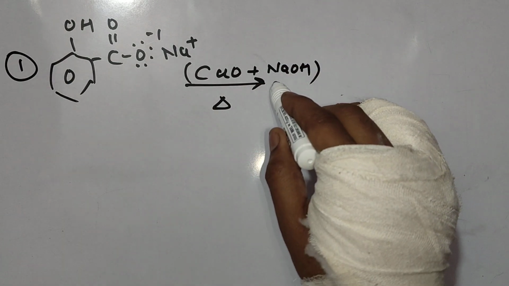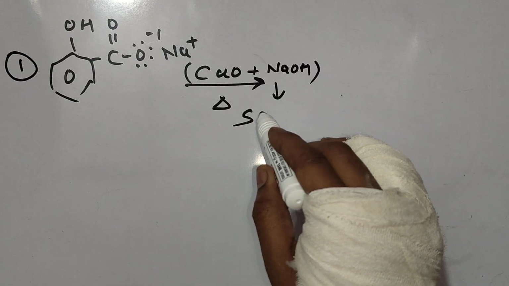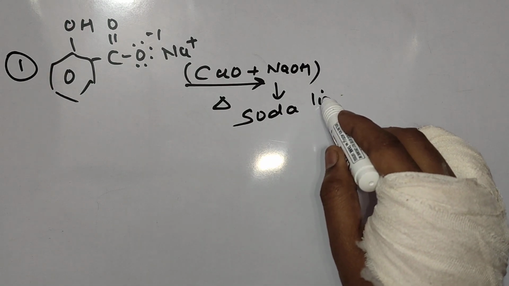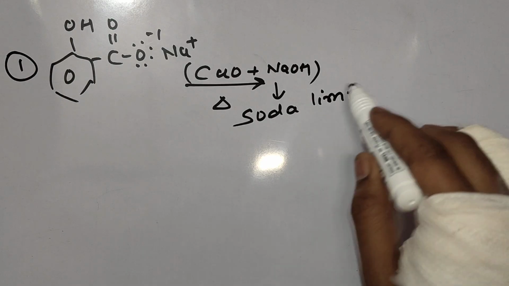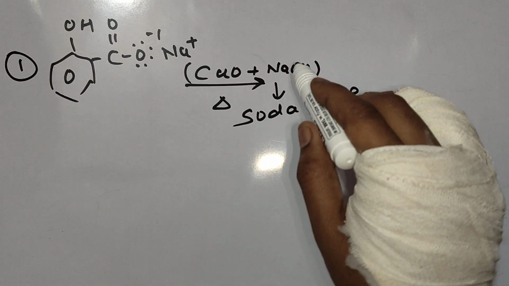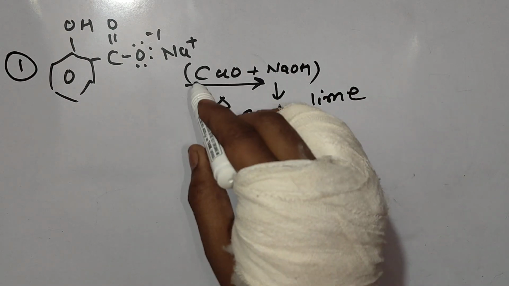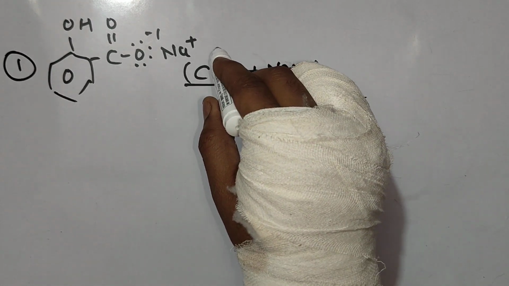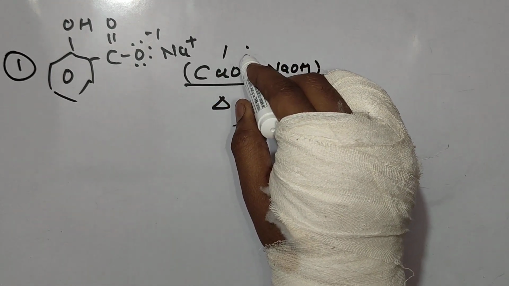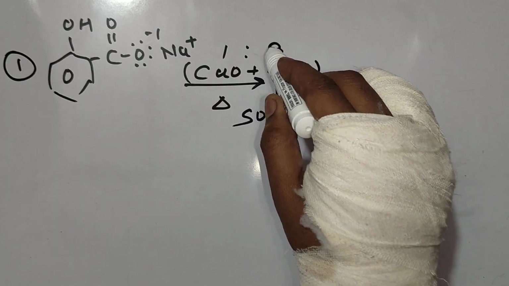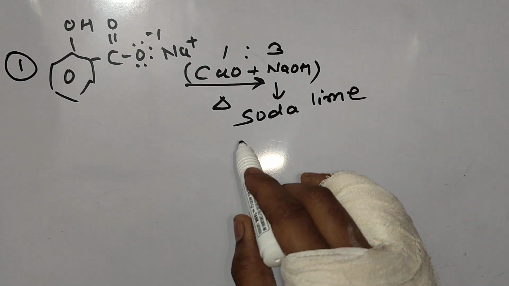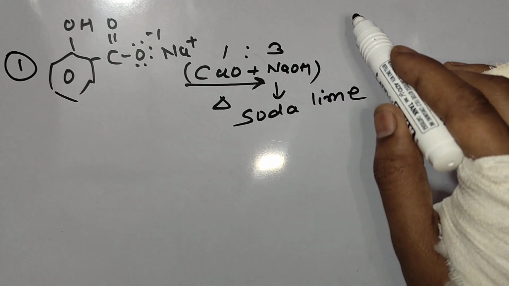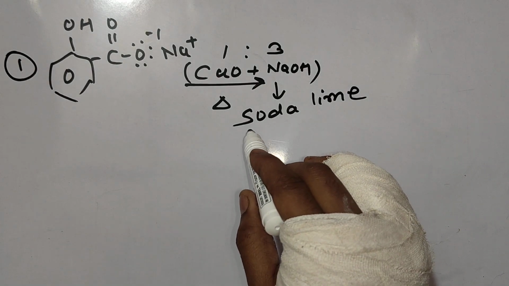This combination is known as soda lime, in which sodium hydroxide and calcium oxide are mixed in a 3:1 ratio. Like 1 part will be calcium oxide and 3 parts will be sodium hydroxide. This special reagent is used for removal of carbon dioxide gas.